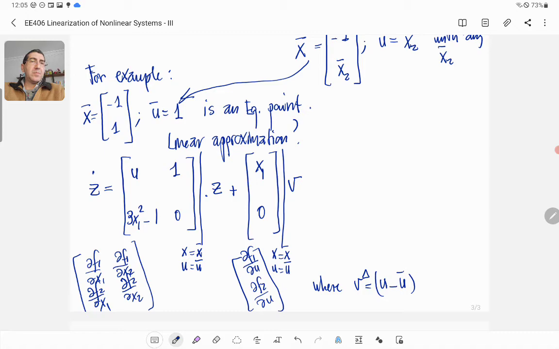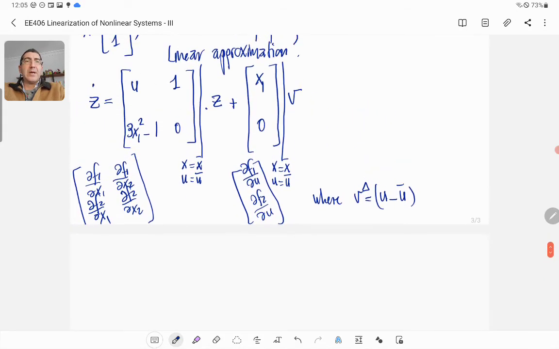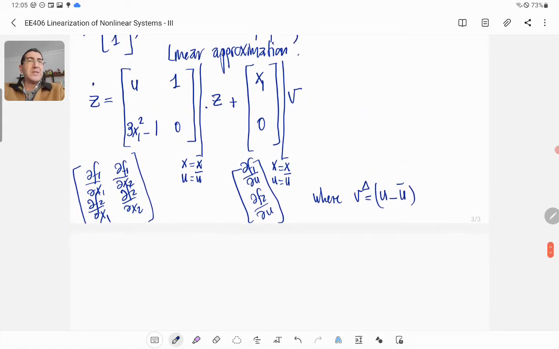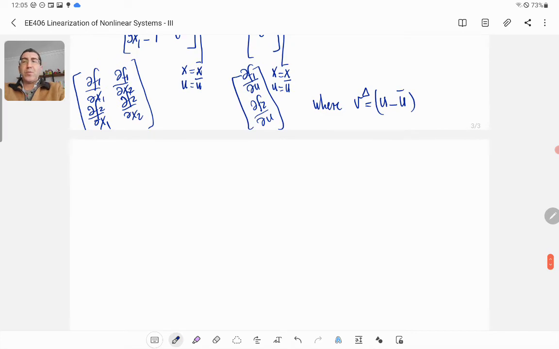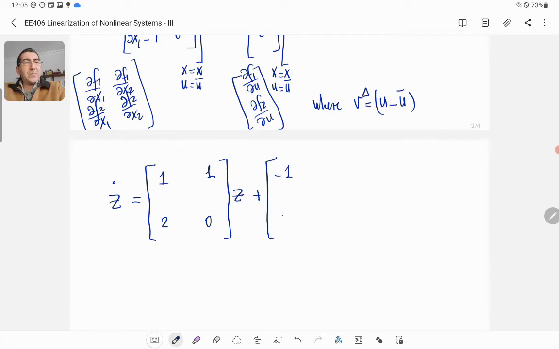So what does that give me? Now I need to evaluate these two matrices at this chosen point. If you put the values in there, what you will get is z dot equal to [1, 1; 2, 0] times z plus [-1; 0] times v.